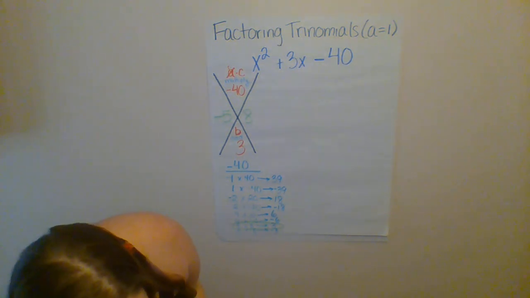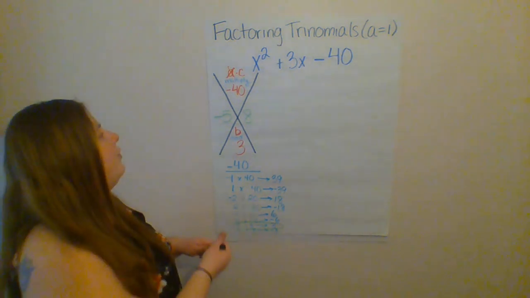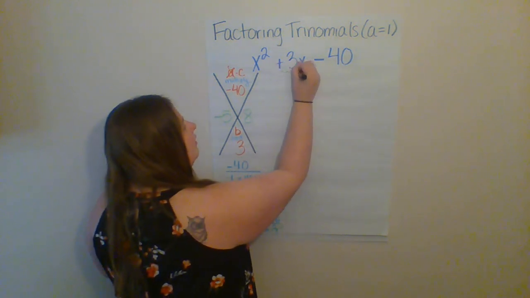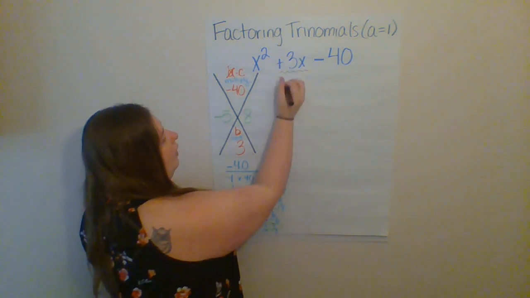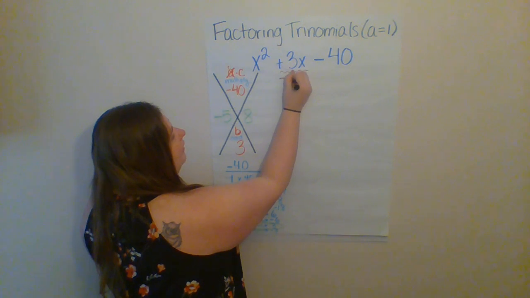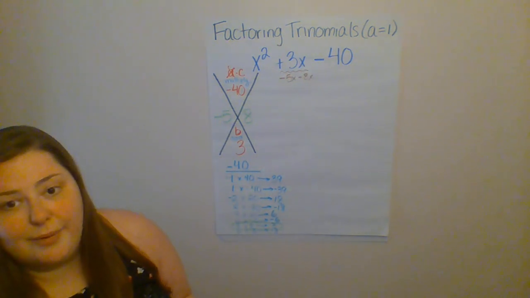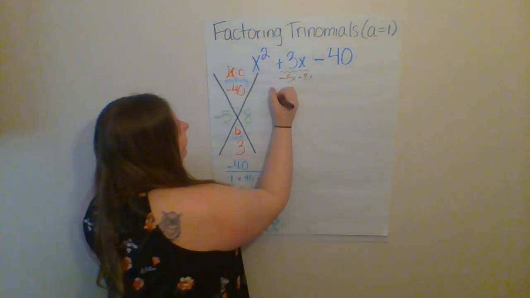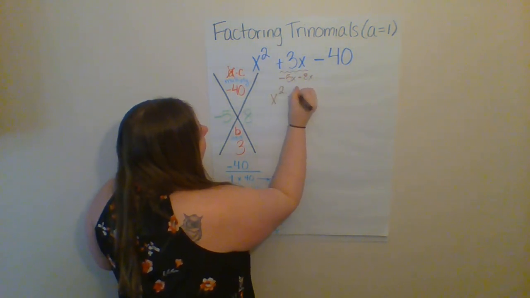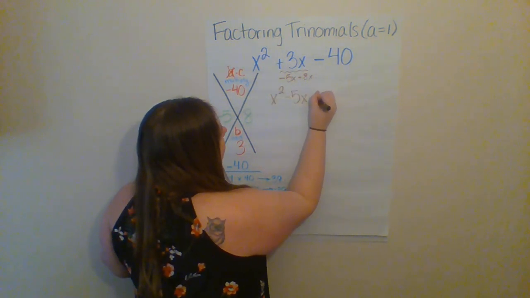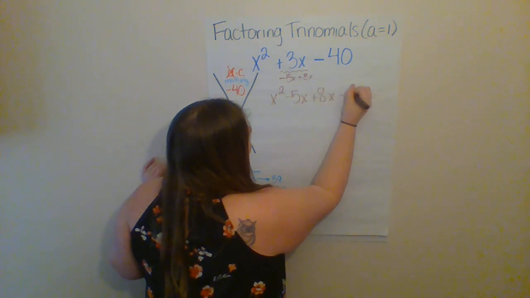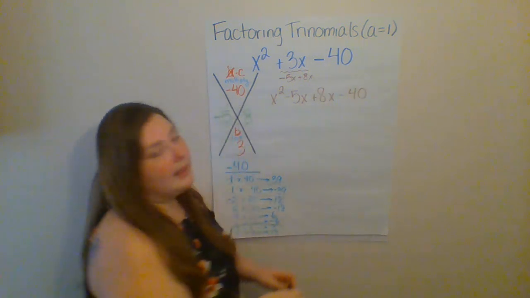What that does is that tells us that we can replace the 3x with negative 5x and 8x. So that's what we're going to do. We have x squared minus 5x plus 8x minus 40.